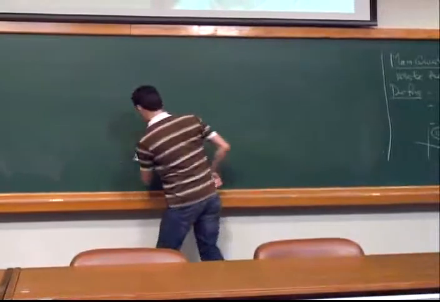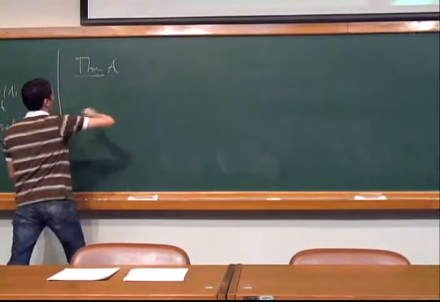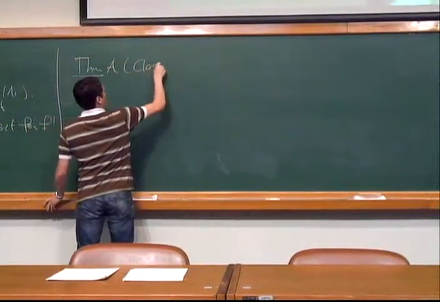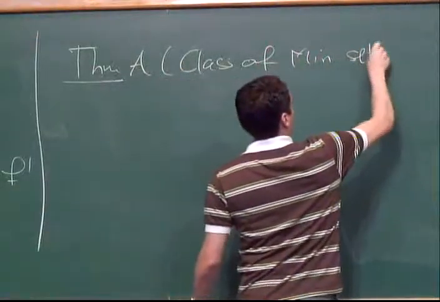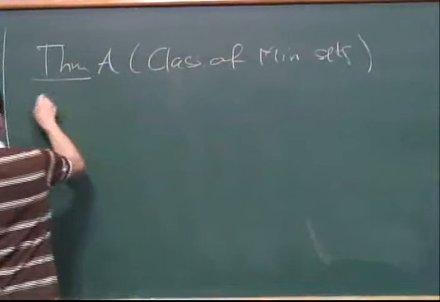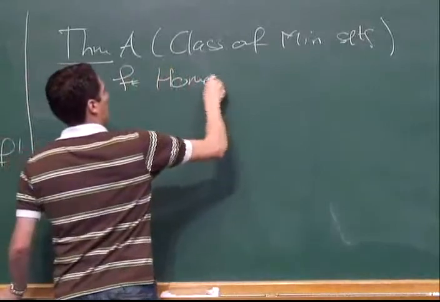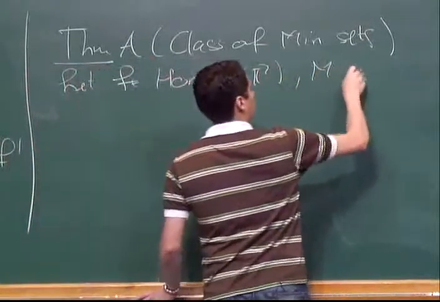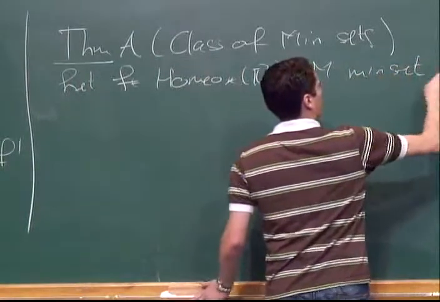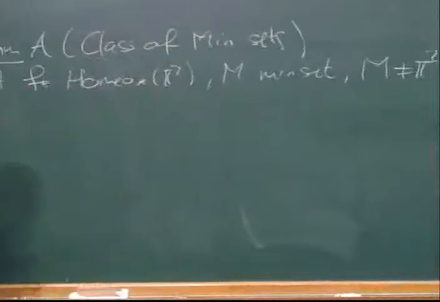Okay. So now, let's make a list of the possibilities. It's basically theorem slash definition: the classification of minimal sets. So let F be a homeo star, non-resonant, and M a minimal set, where I assume M is not the whole torus.